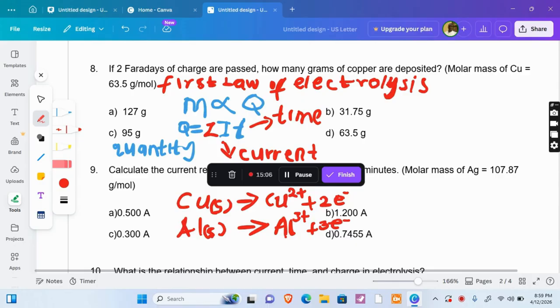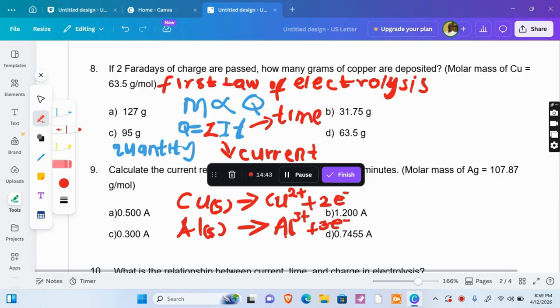It therefore means that anytime they give you a question on calculating the current or the time or the quantity of electricity that is passed through an electrolyte, you need to know that compound, that element first. If it is copper, you dissociate it like this.